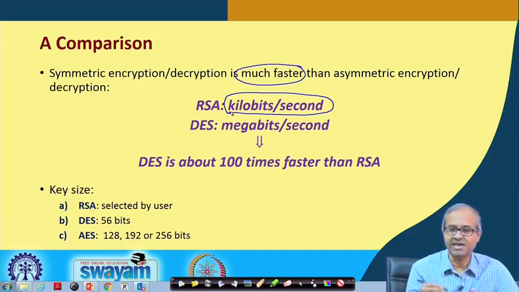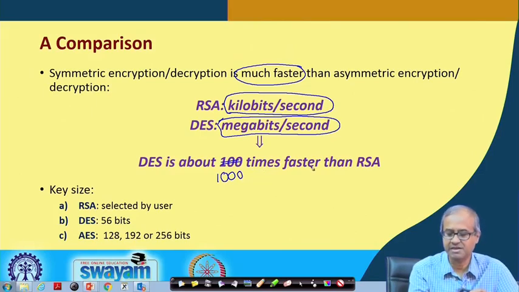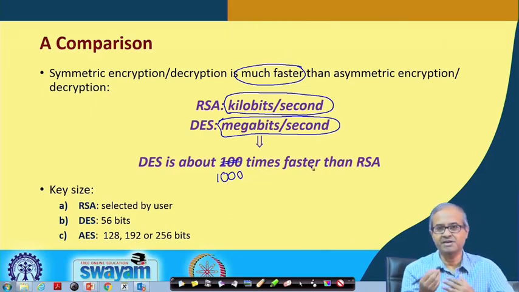But DES, well, AES is even faster than DES. DES is millions of bits per second. So, this is not 100, this will be 1000 actually. So, DES is about 1000 times faster compared to RSA. So, you can understand the differences.